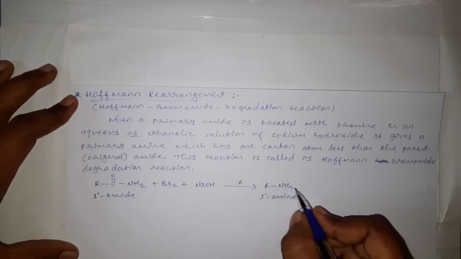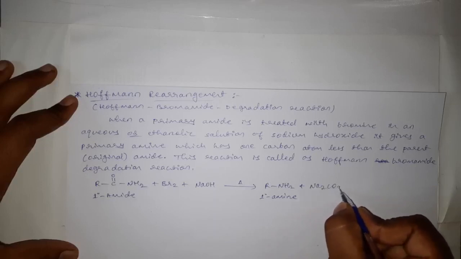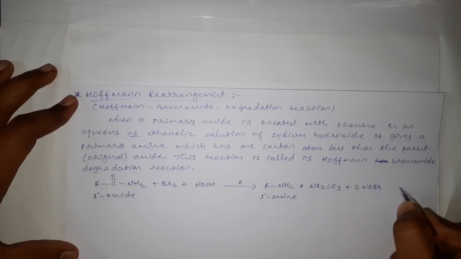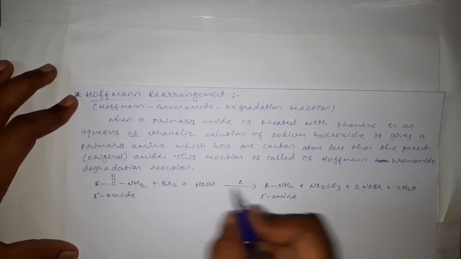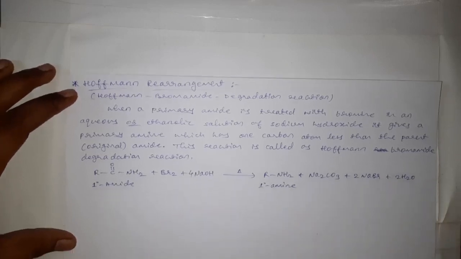And along with this, we are getting Na2CO3, sodium carbonate, and 2 moles of sodium bromide and 2 moles of water. To balance this, we have taken 4 moles of sodium hydroxide.